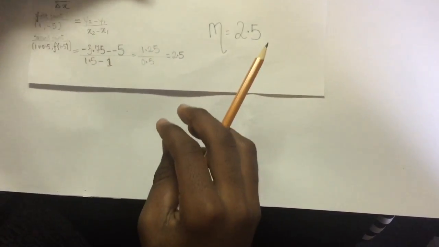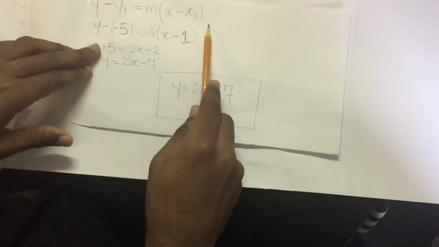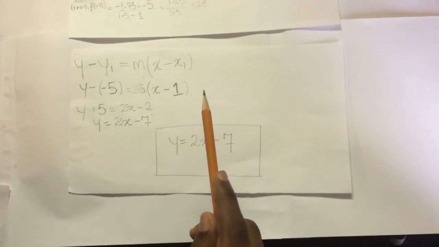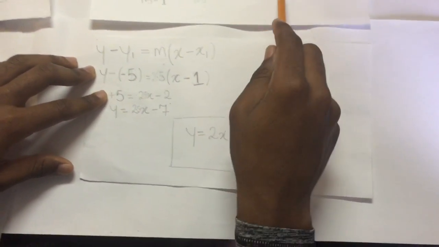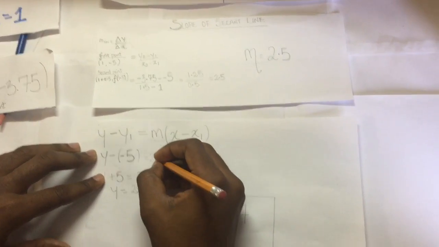Okay, so I'm going to show you how to get the equation of the secant line. This is my formula for the equation of the secant line. So this m is the slope, which is this 2.5, which I got. So I put the 2.5 here.